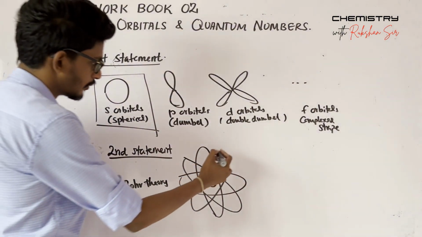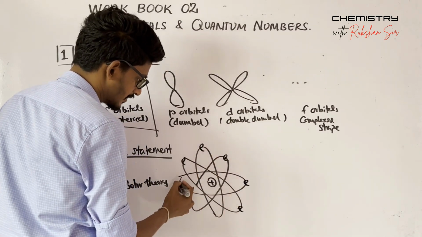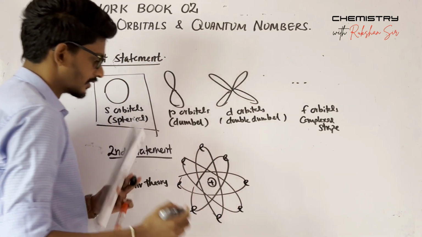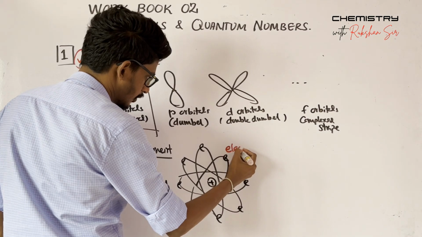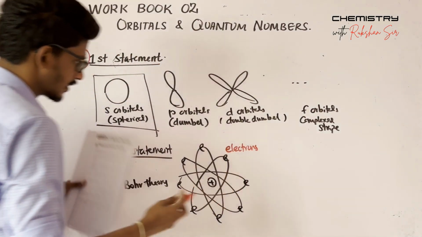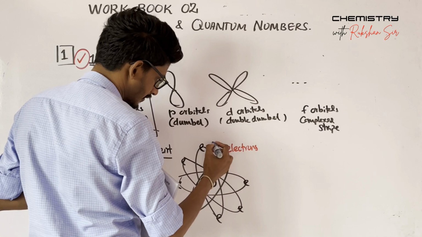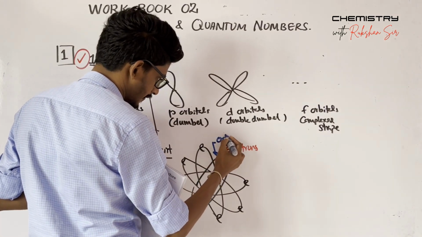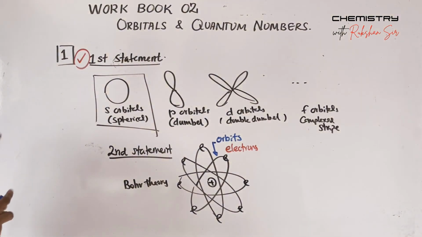So it is a circular pathway around the nucleus. That is our Bohr's theory. These electrons are moving in orbits, and a circular pathway is there.